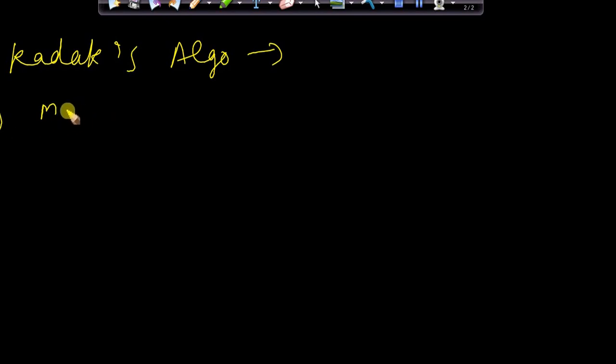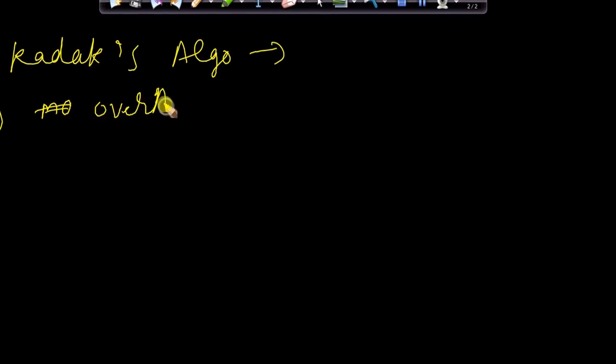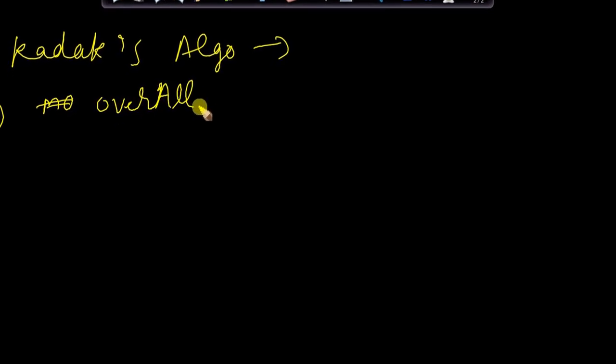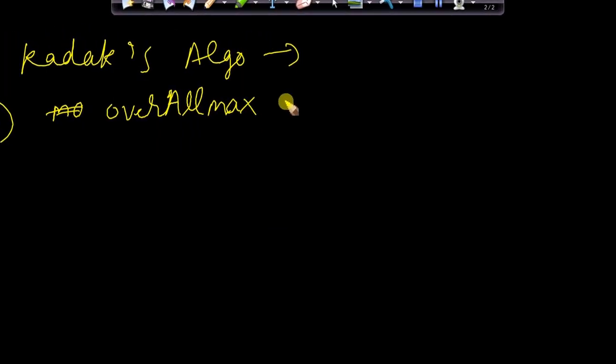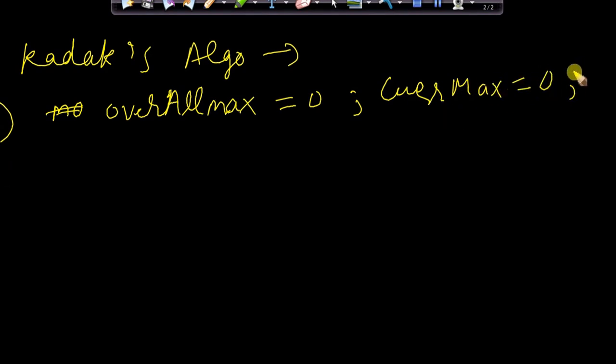First step is to have overall max, which I'll initialize to 0, and another is current max, which I'll also initialize to 0.